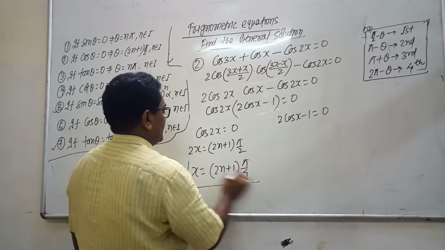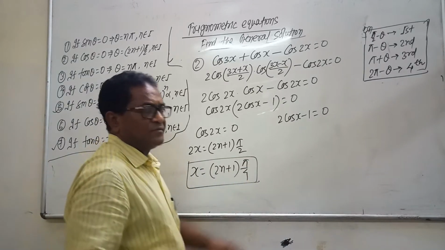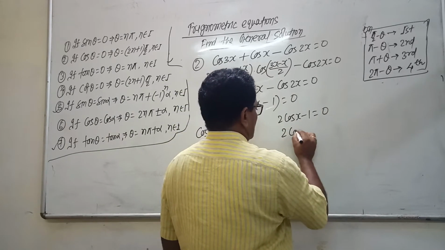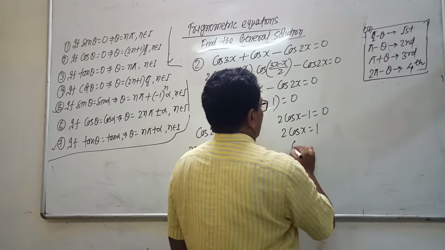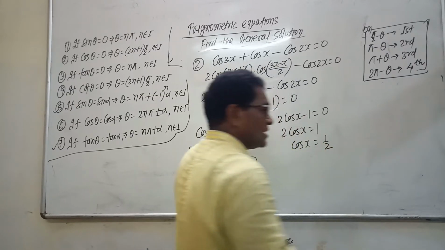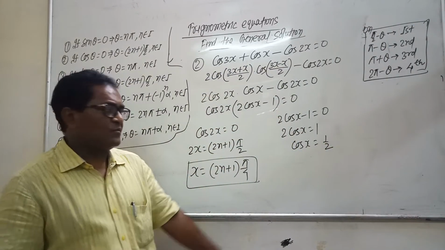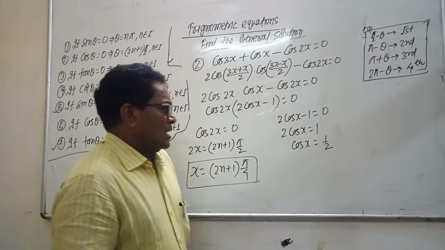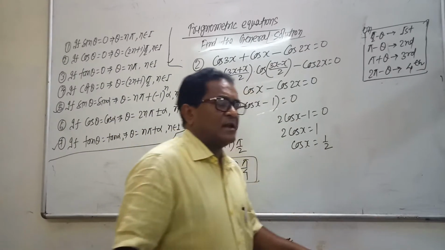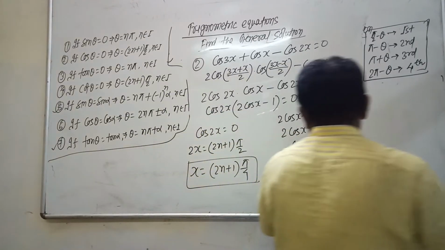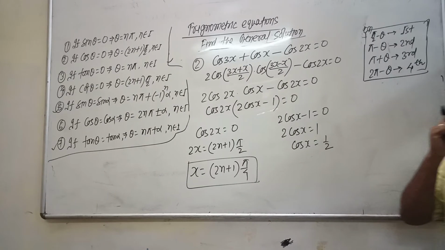This is the general solution, and from here 2 cos x minus 1 equals to 0. So 2 cos x equals to 1 and cos x equals to 1 by 2. So firstly we will have to find the principal value, and the first principal value will be taken. So cos x is positive in which quadrant?